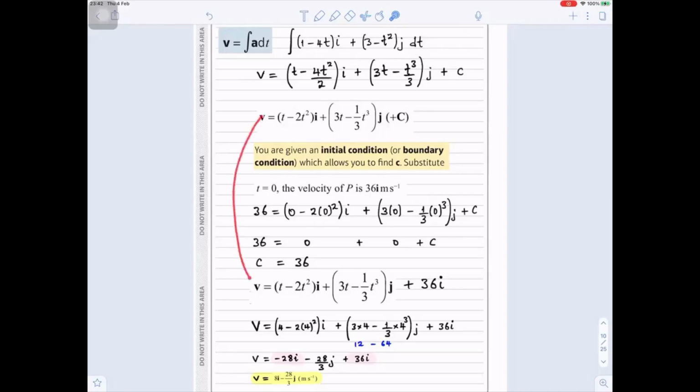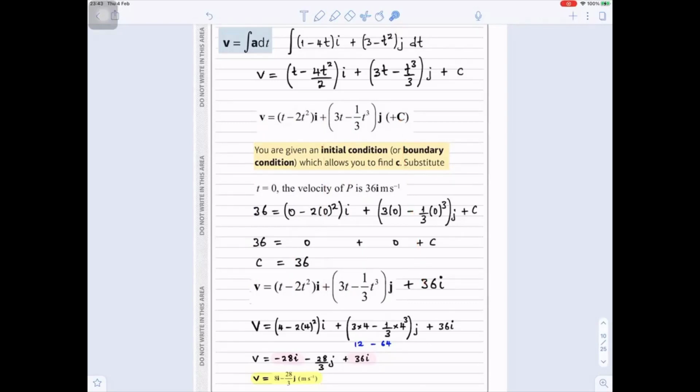You got your v for velocity, (t minus 2t squared)i plus (3t minus 1 over 3 t cubed)j, plus c, which is 36i.